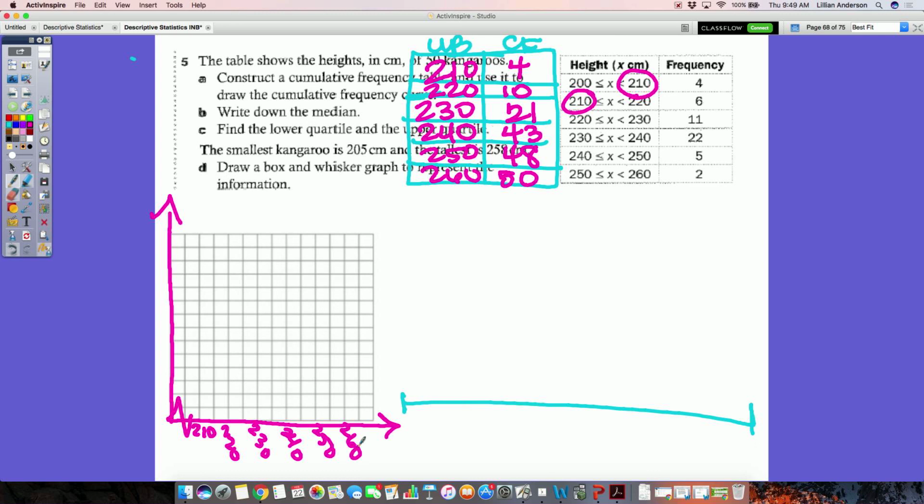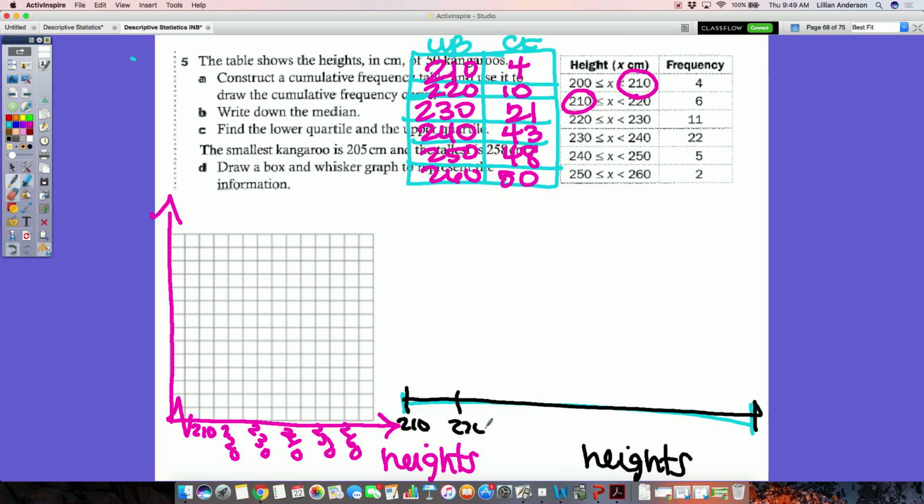And what am I labeling my x-axis with? Heights. Not just on my cumulative frequency, but also on my box and whisker. So I'm going to do the exact same thing for my box and whisker. 210, 220, 230, 240, 250, 260.